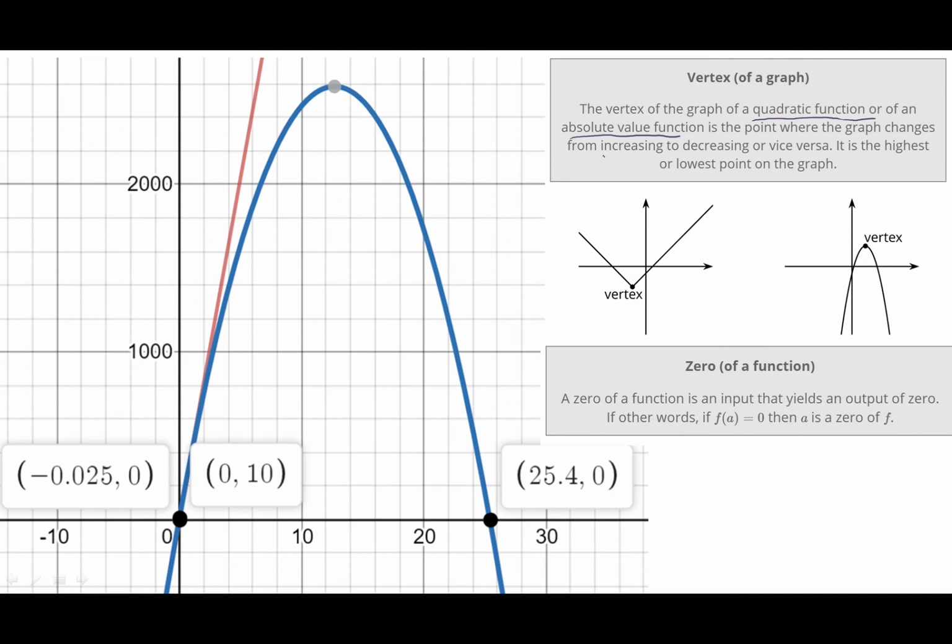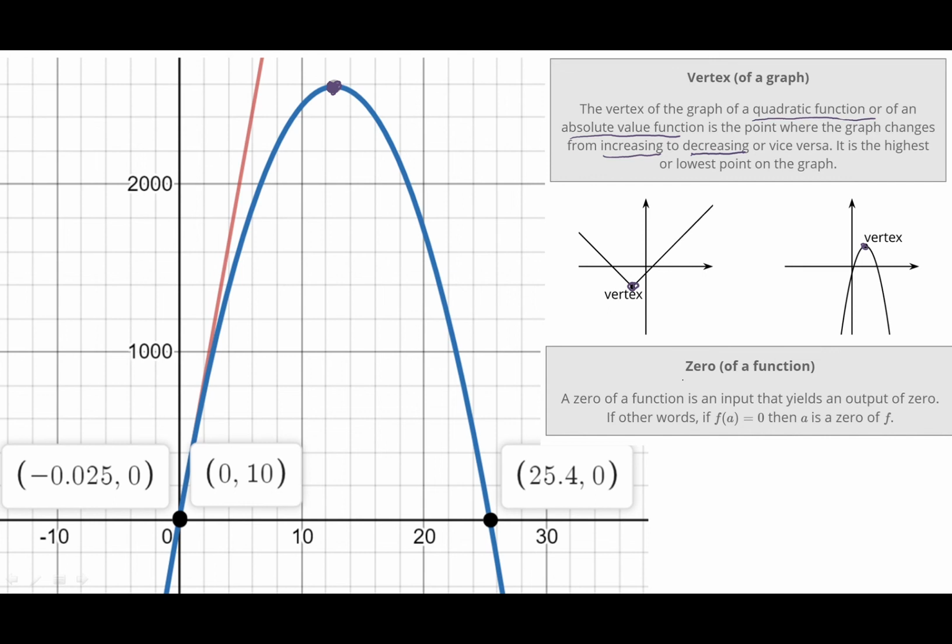So it's when we switch from going up to going down or from going down to going up. It's the highest or lowest point on the graph. So here in this absolute value function, it's decreasing, and then we reach the vertex and it switches to increasing. In this parabola, our function is increasing. We're going up from left to right, we reach the vertex, and then it starts going down, it starts decreasing. In our example here, our vertex is this point when our cannonball has stopped increasing. Gravity has slowed it down enough that now it's going to decrease and come back towards the ground.